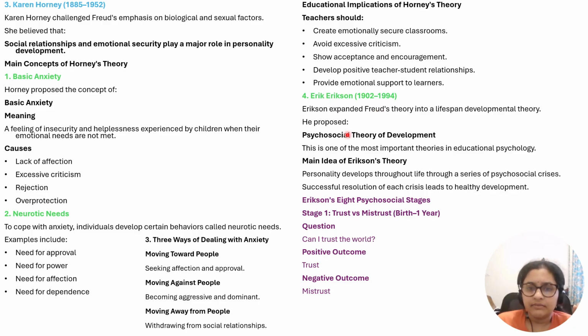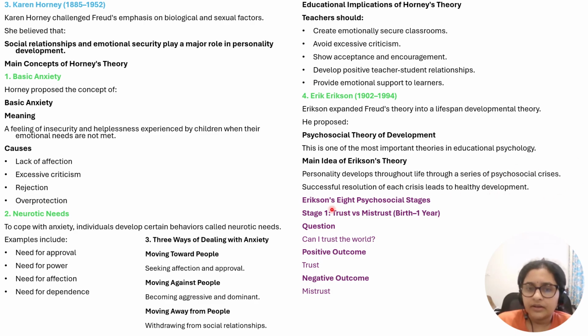Then Erik Erikson, he extends Freud's theory into a lifespan developmental theory. What he proposed is the psychosocial theory of development. This is one of the most important theories. The main idea is that personality develops throughout life through a series of psychosocial crises.